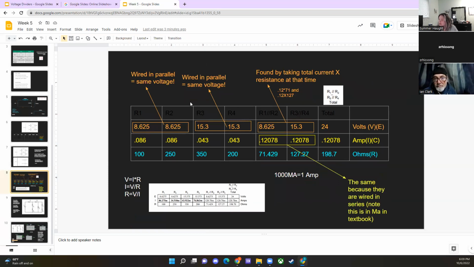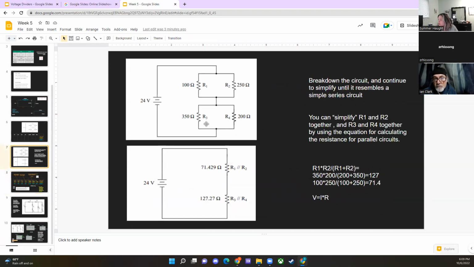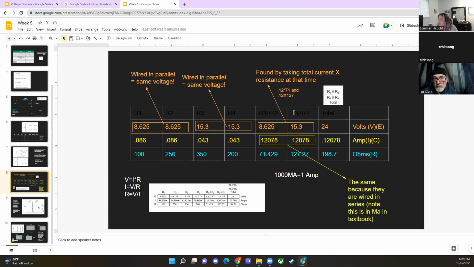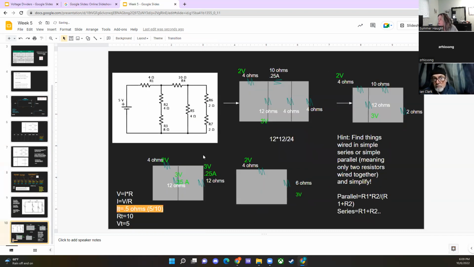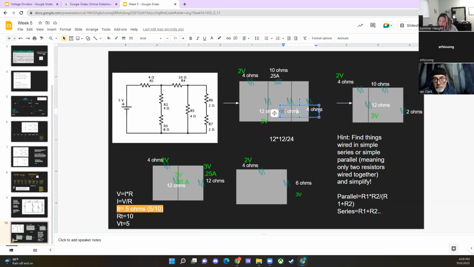If you remember the first example we did, R3 and R4 were wired in parallel, and we determined that the voltage between both was 15.3. That meant the voltage of R3 and R4 alone was also 15.3, because anything wired in parallel is the same. Likewise, when we condense this down to this 4 ohm and this 4 ohm, the voltage here and here at this 4 ohm are the same.